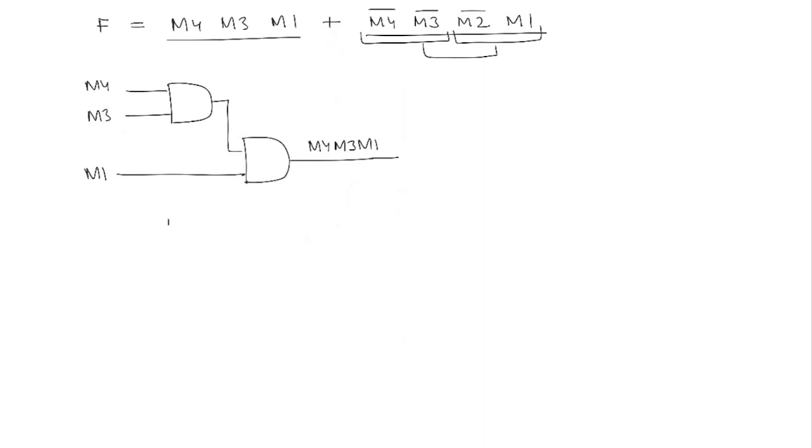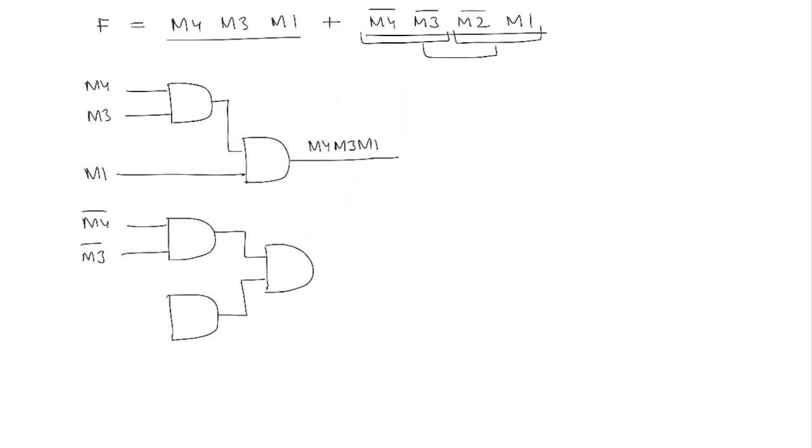Okay, so here's what we want to do: 2 AND gates like this, and then 1 more AND gate here, this way. Okay, so we do M4 bar, M3 bar, and then we say M2 bar, M1, and that's our expression, and both of these are ORed, so you put it at an OR gate, and so this is your function f. So that's problem 2.